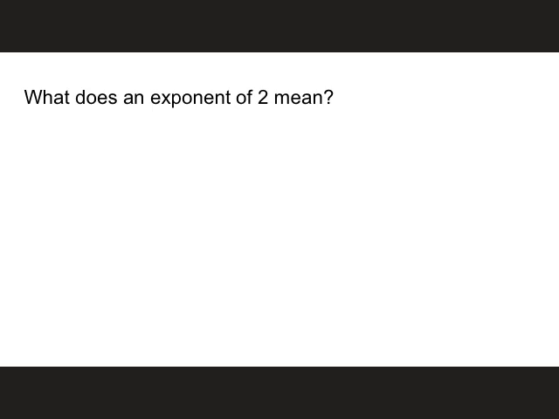All right, so let's break this down a little bit. What exactly does an exponent of 2 mean? So if I had 1 to the power of 2, what does that actually represent? Well, we know that means 1 times 1 because there's 2 ones multiplying together.